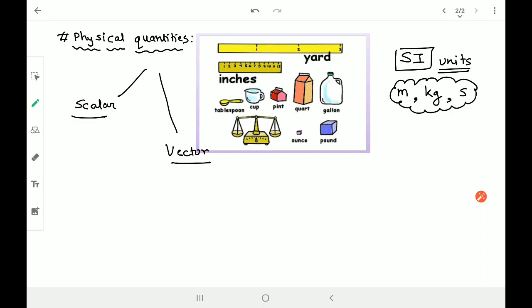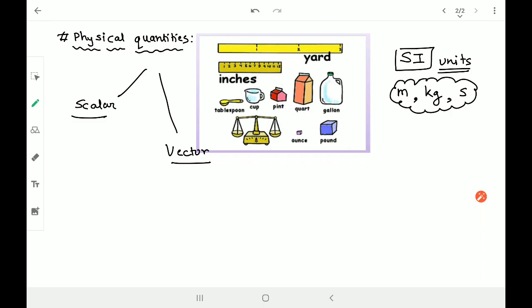Now here, to explain the direction, we need to give another piece of information about the quantity. Such quantities are called vector quantities. That means the quantities which need direction, including the magnitude, are called vector quantities.